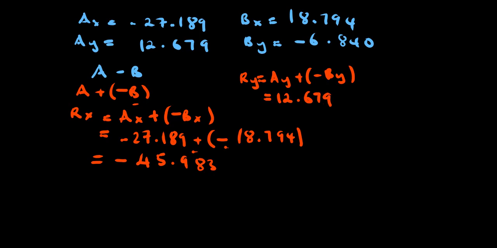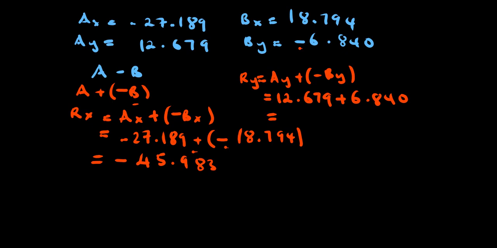Then I have that my by is negative and I have a negative there, so it will be negative by negative, which will give me a positive. Then I'll write up what remains, which is 6.840.